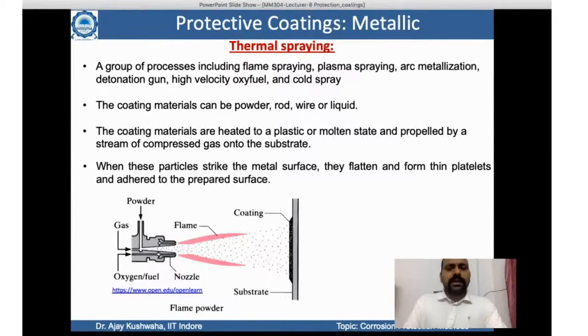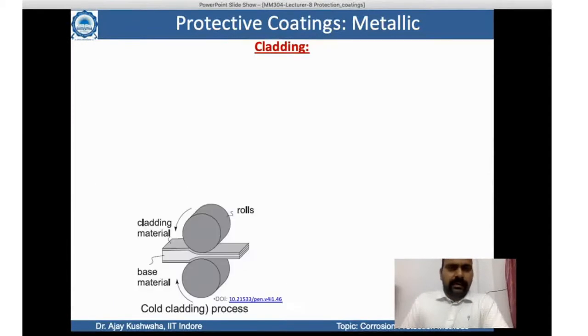When these particles strike the metal surface, they flatten and form thin platelets and adhere to the prepared surface. In this way, we are able to control the coating process.